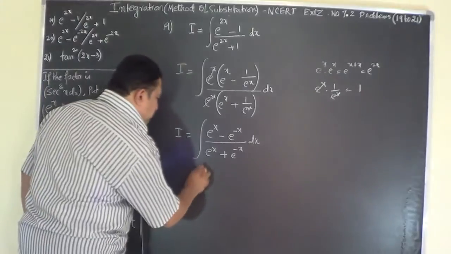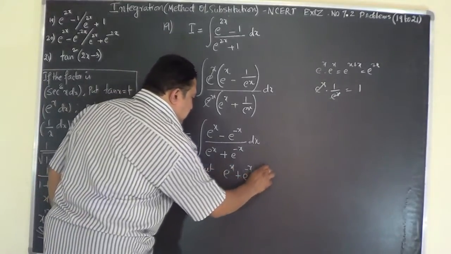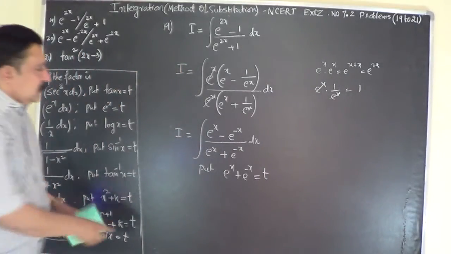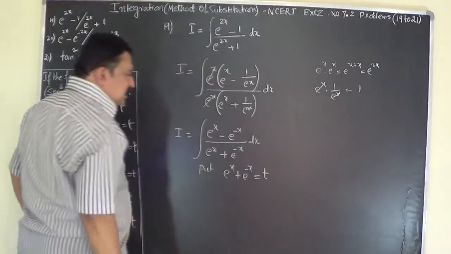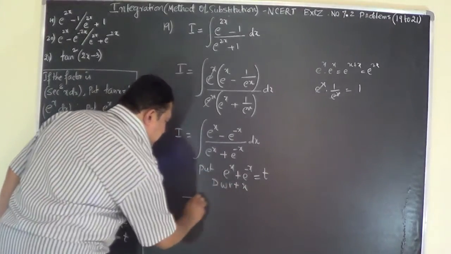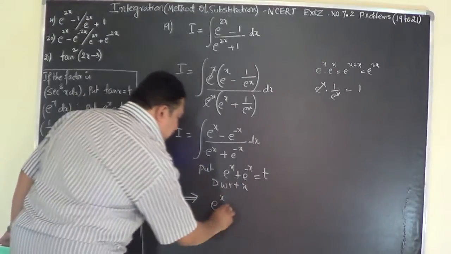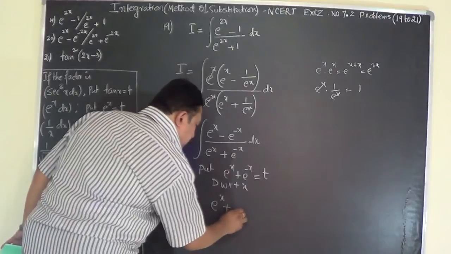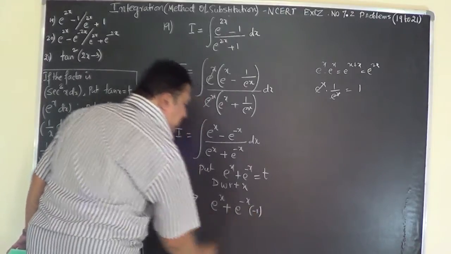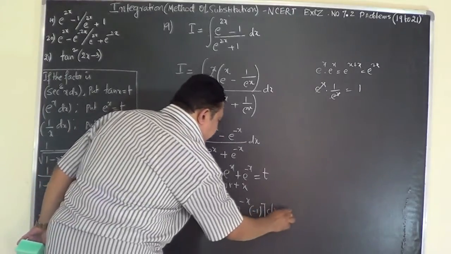Now put e to the power of x plus e to the power of minus x equals t. This denominator, e to the power of x plus e to the power of minus x, equals t. Differentiating with respect to x, the differential coefficient of e to the power of x is e to the power of x only, plus the differential coefficient of e to the power of minus x is e to the power of minus x with minus 1, into dx equals dt.